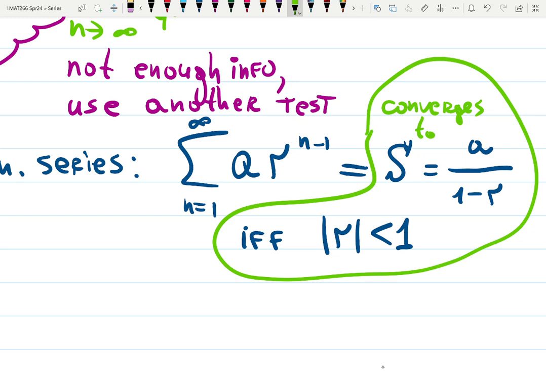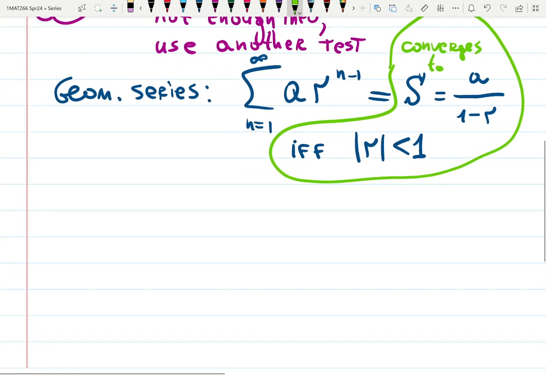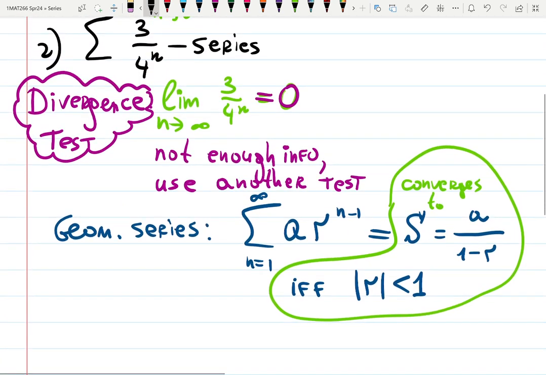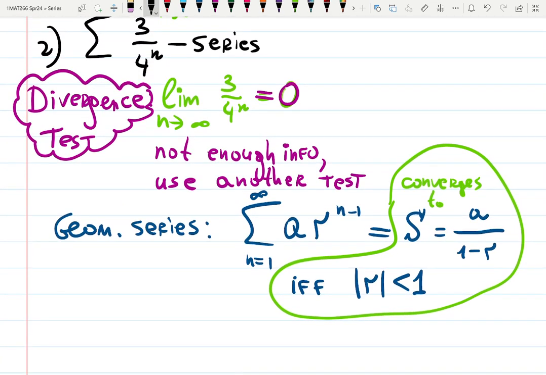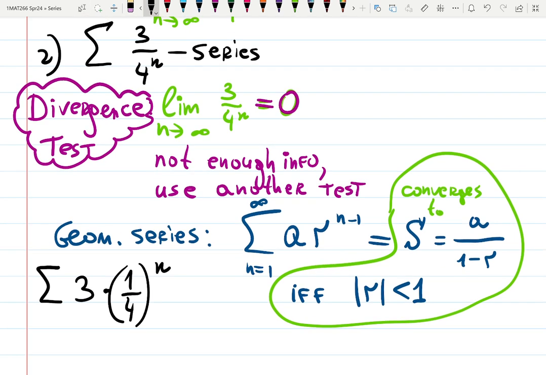A is the first term. Well, for this example, we have the sum with 3 outside, 1 over 4 to the n. That's how I rewrote the original problem. Whatever is in parentheses, that's your r.